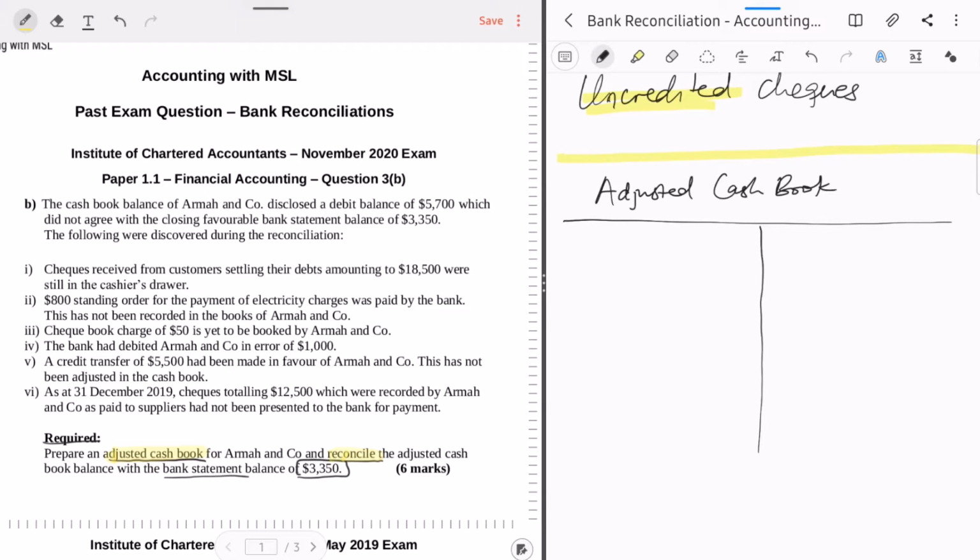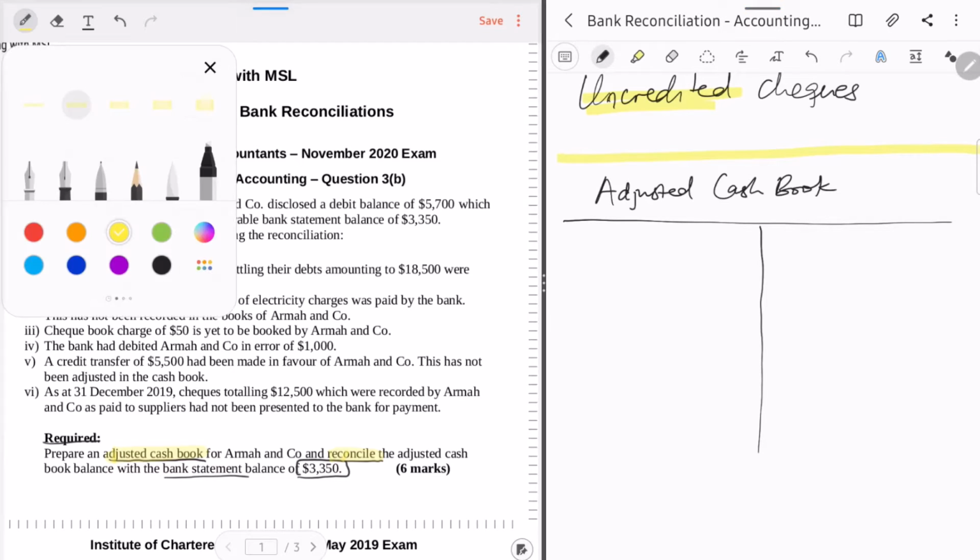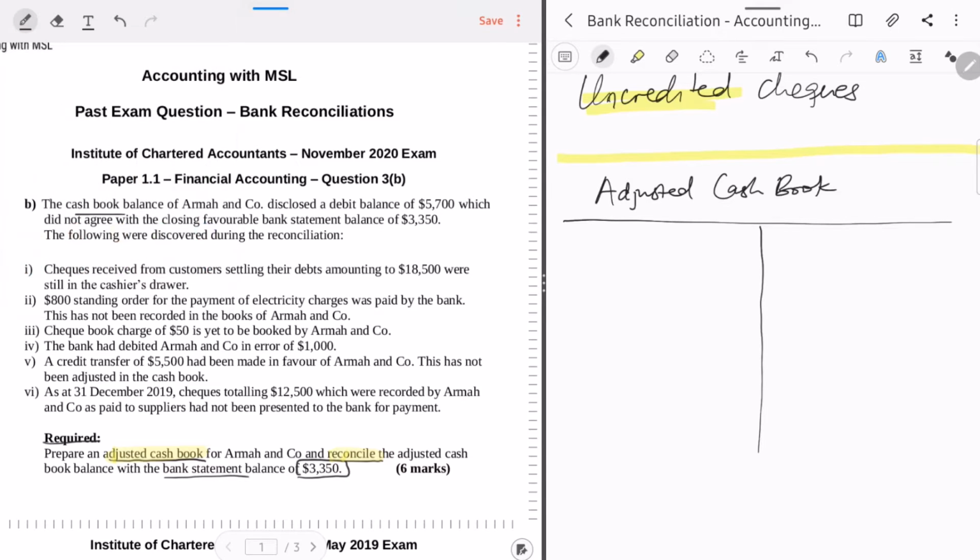So let's start. They are saying here that the cash book balance of AMA and Co, the company, discloses a debit balance of 5,700. So we come to the debit side of the cash book here and we say balance brought down. What is the figure here? 5,700. Easy. By the time I'm done with you, you'll realize bank reconciliations are so easy to understand.